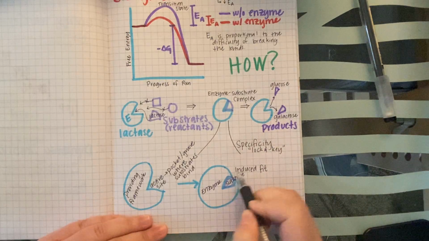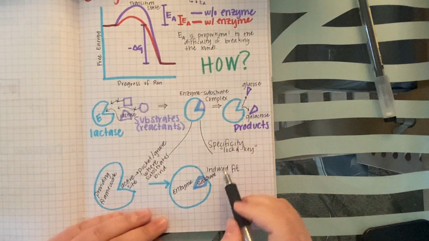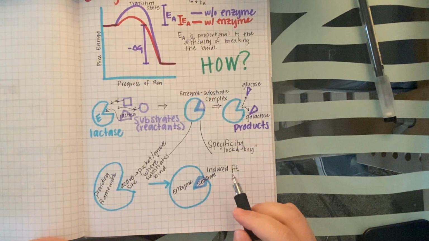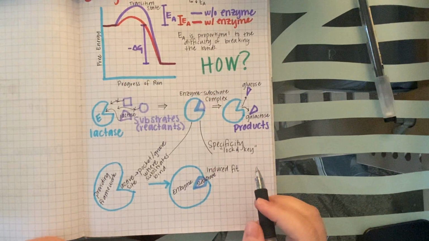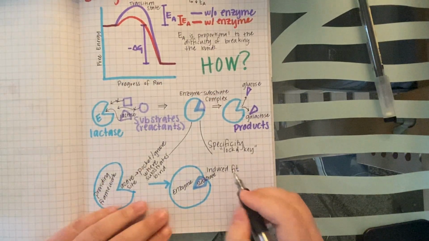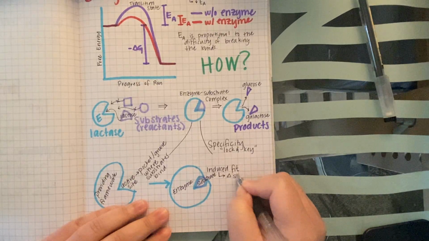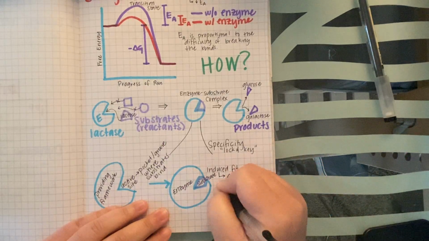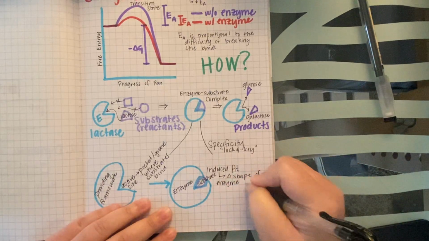And when they bind, it leads to induced fit. This is like I said, giving a hug, but think about being hugged so tight that your bones start to break. It's what an enzyme is doing to its substrate. So induced fit is when there's a change, delta, in shape of the enzyme when the substrate binds.